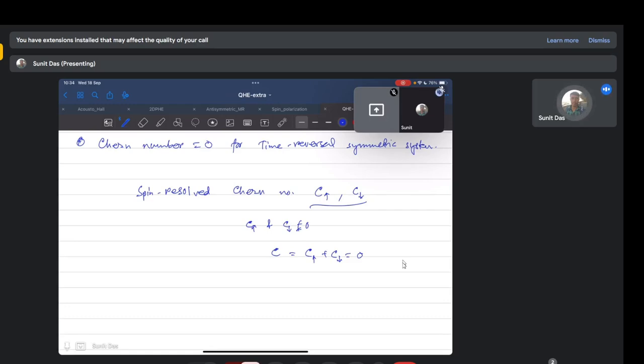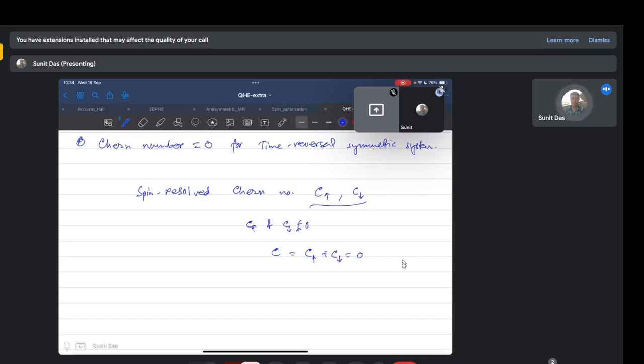And it turns out that the Kane-Mele model actually does this job of C up and C down not being 0 individually, but when you add them up they are 0. So we can already anticipate that there may be some kind of edge state, but in total there should be no Chern number.